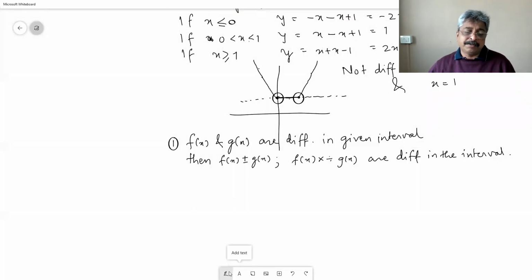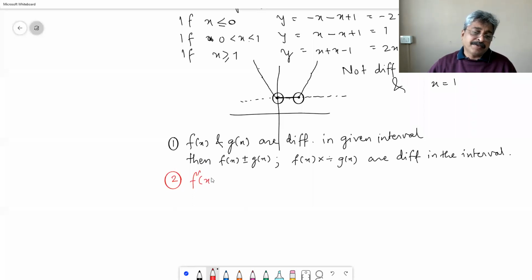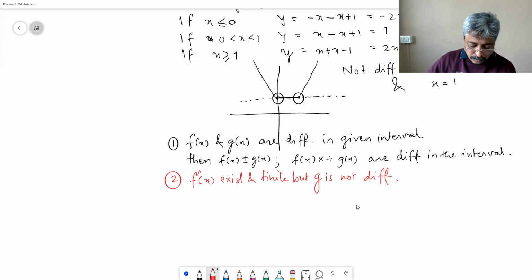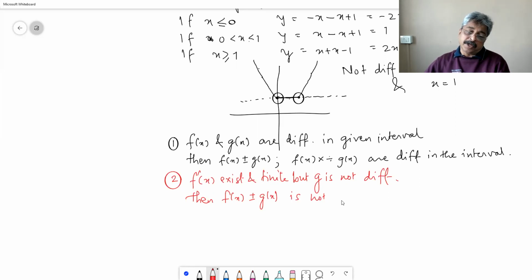Now second, if f of x is differentiable but g of x is not, f dash of x exists and finite, but g is not differentiable, then f of x plus minus g of x is not differentiable.